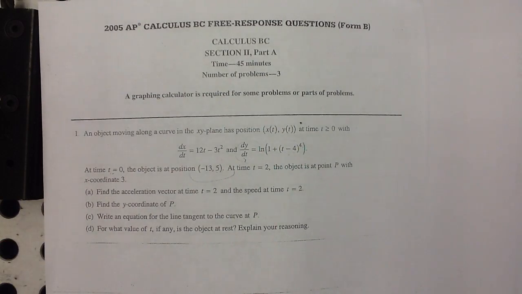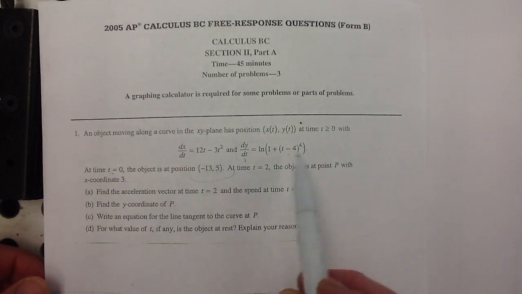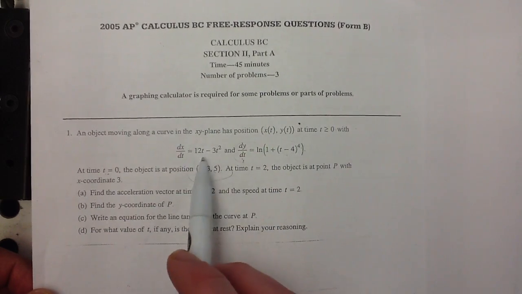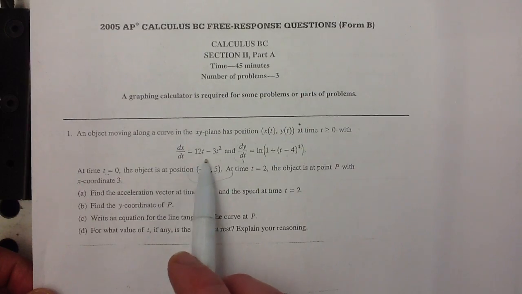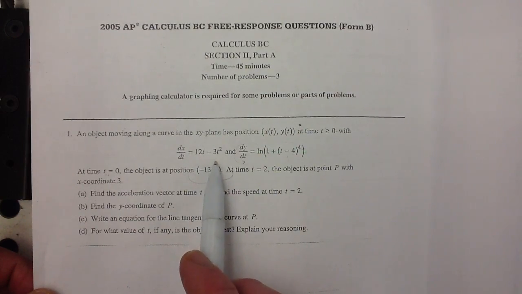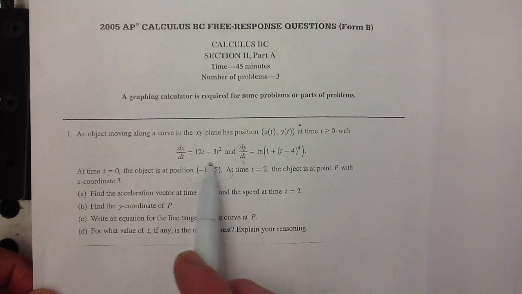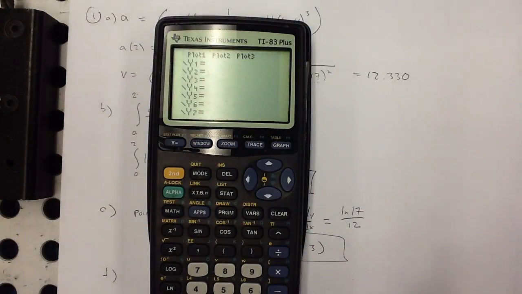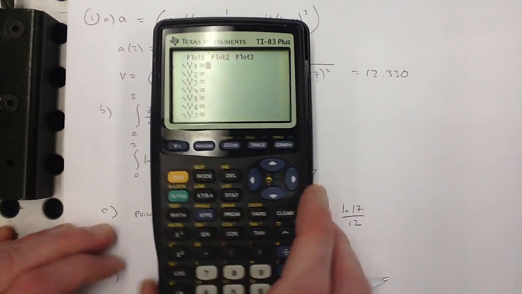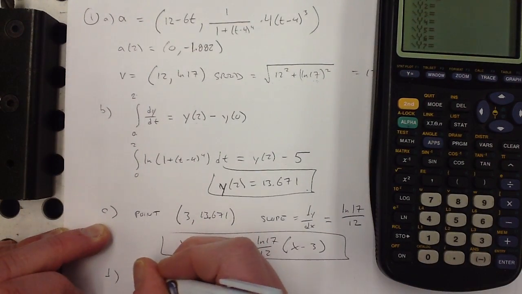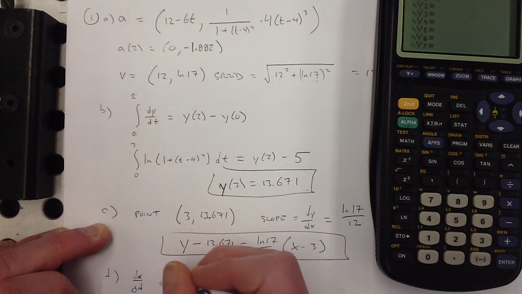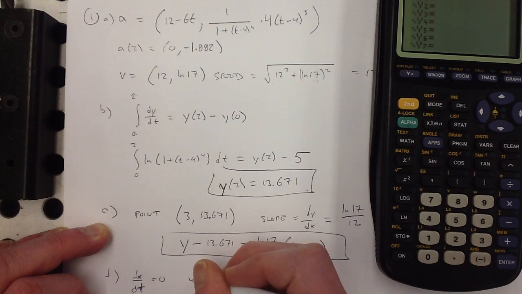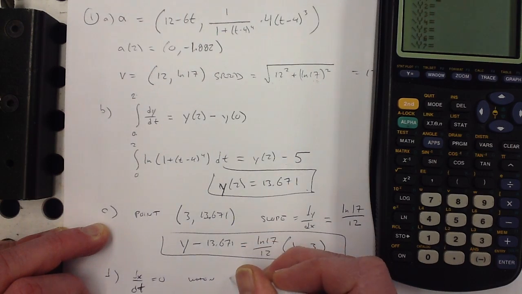So only if both of these are 0. So we have to figure out where are they both 0? Well, this is easy enough to figure out where those are 0. This factors into 3t times (4 minus t), right? So dx/dt is equal to 0 when, let's see, what did I factor?